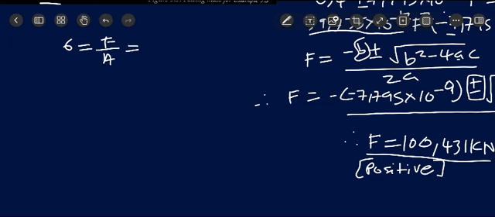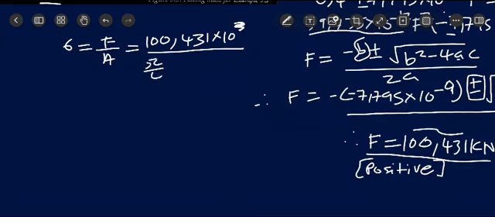We have the force there, 0.431 kilonewton times 10 to the power of positive 3, divided by pi over 4 times the diameter, 0.035, squared.